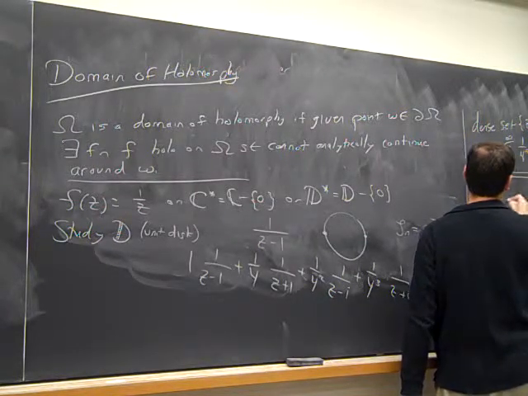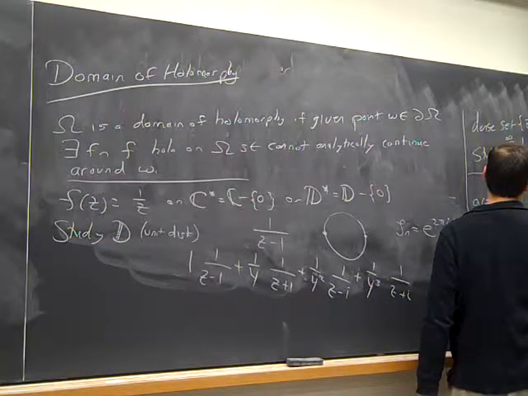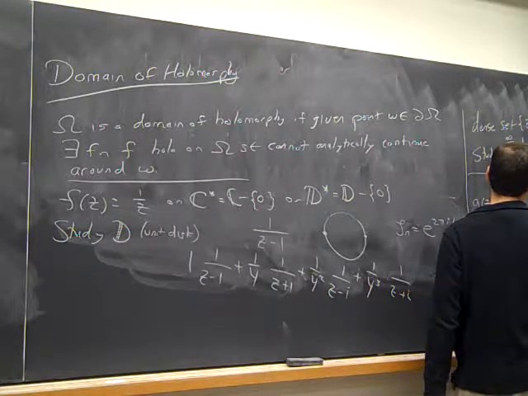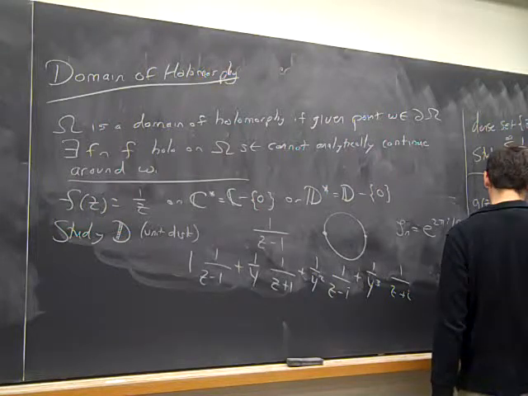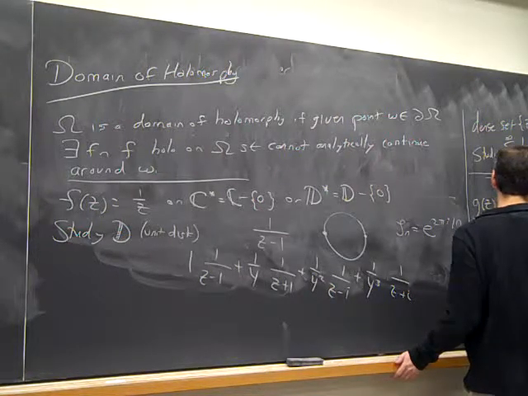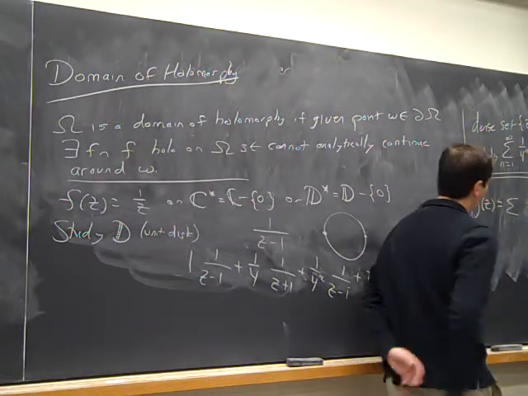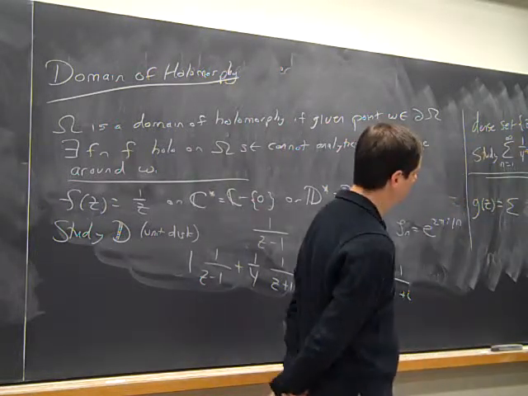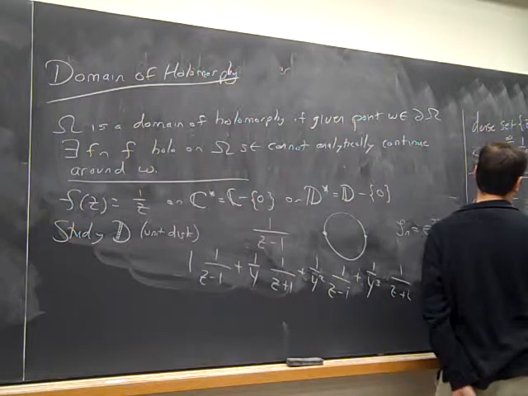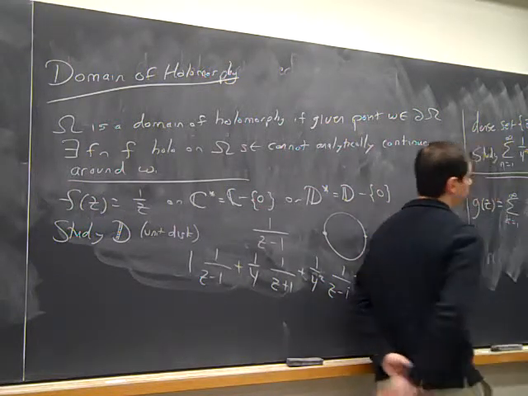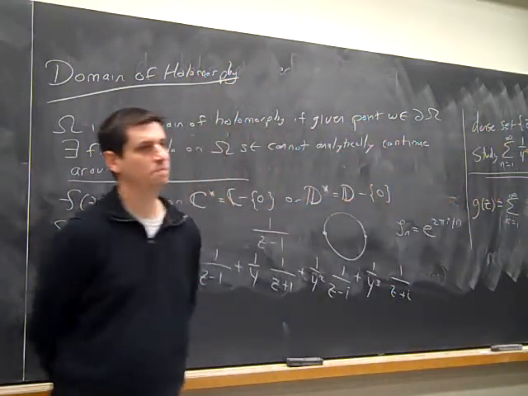g of z is the sum of 1 over z. I think this works. So look at z to the k factorial.